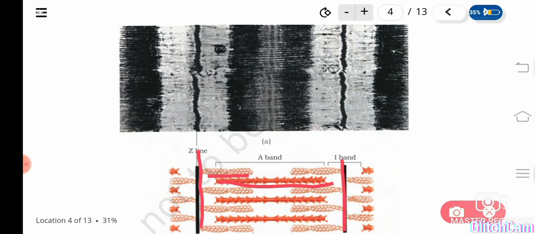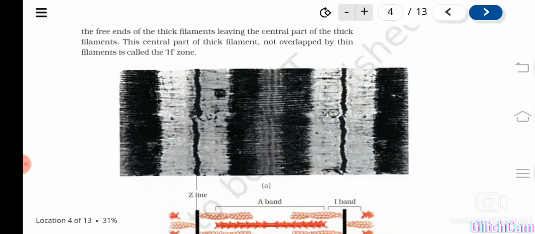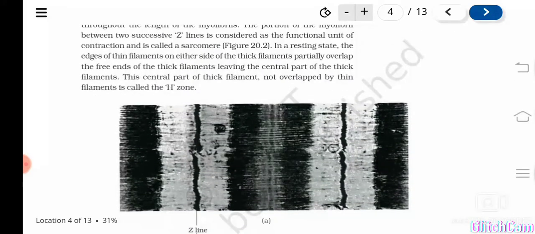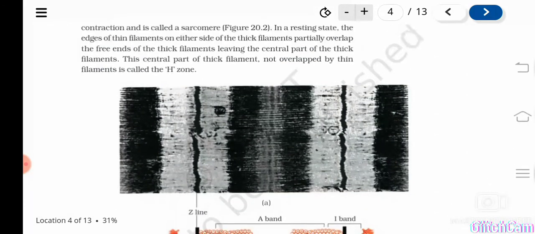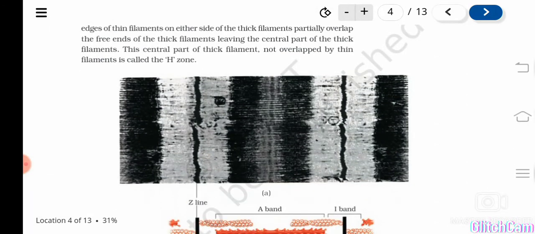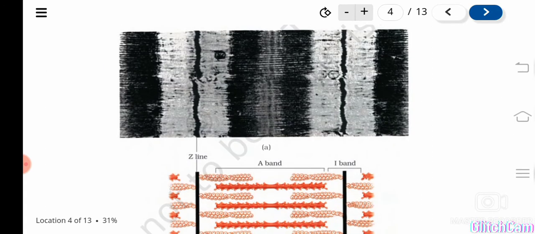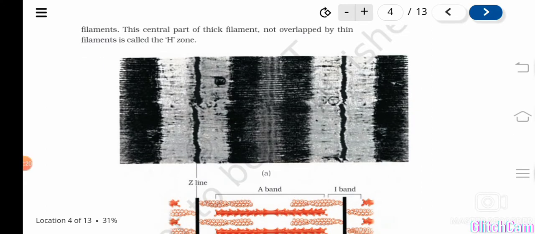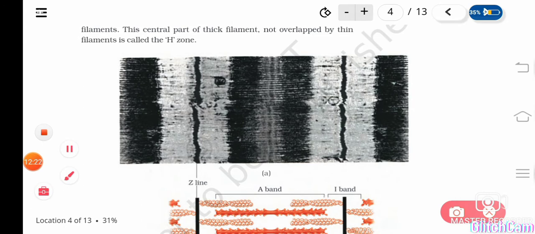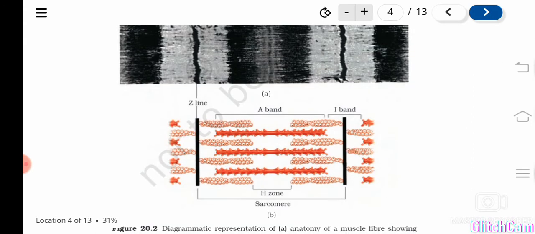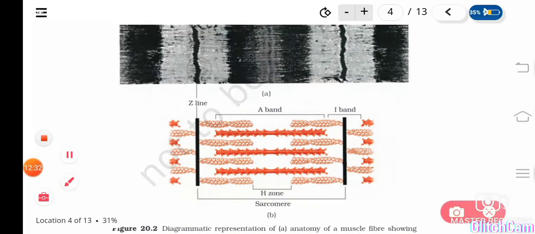Okay, so you can see that in resting stage, the edges of the thin filaments on either side of the thick filaments overlap the free ends of the thick filaments, okay, and they will not move over or arch over this much part. This much part is known as the edge zone. Okay, so when the muscle is in the resting position, understood, these are arranged one after the other, isn't it?